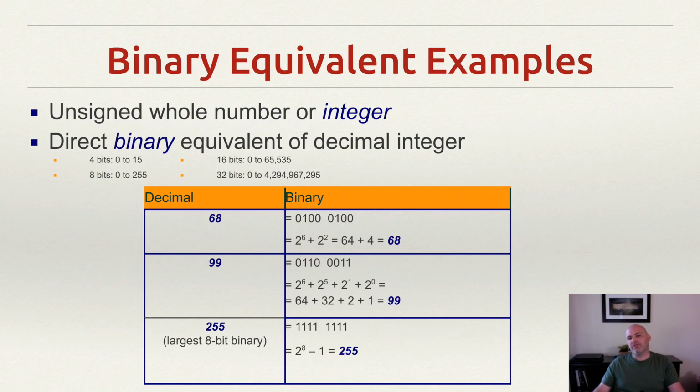So it's important just to note before we move on that unsigned binary is only a whole number integer and it is unsigned. We have no way in unsigned binary, which is the direct equivalent example, of representing a negative number or a decimal point or anything like that. Just as we learned in our conversion videos, if we take a decimal number, we can represent it in binary and vice versa.